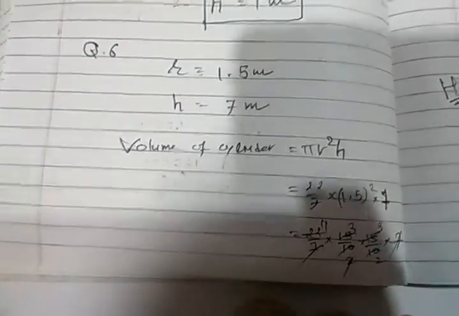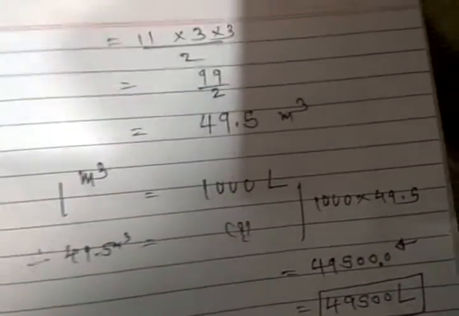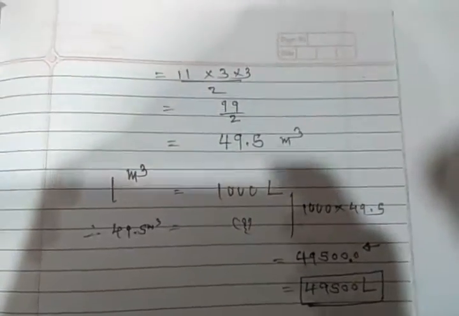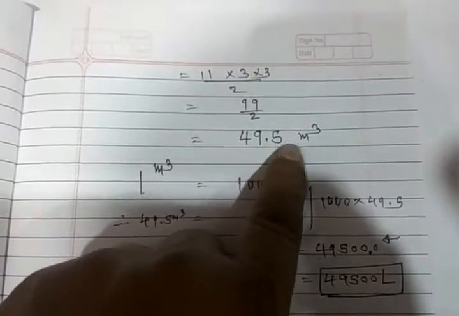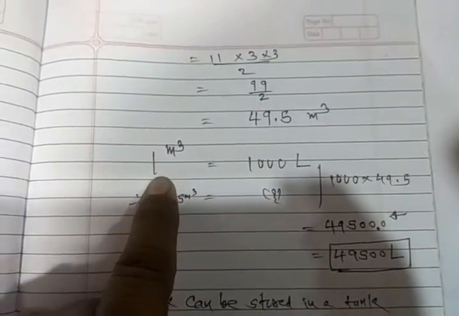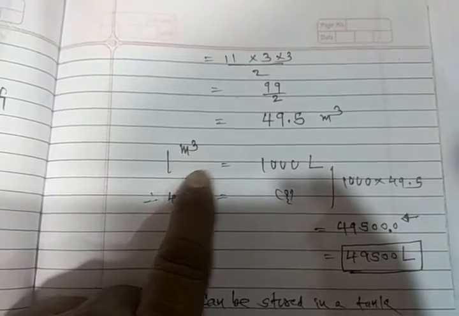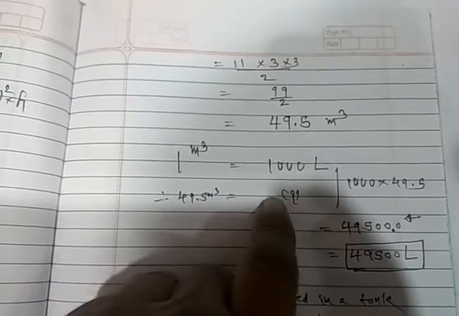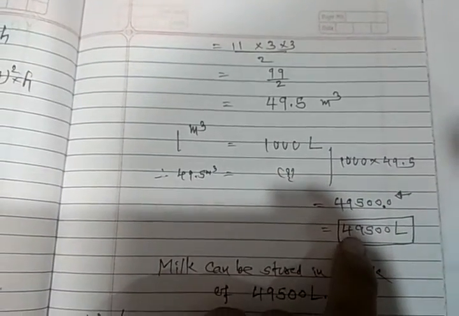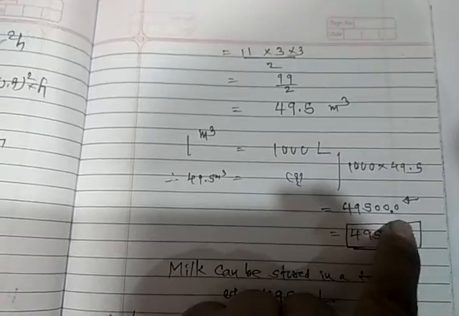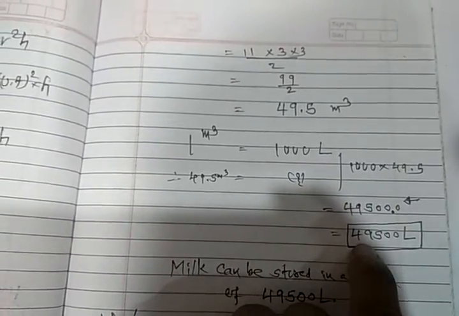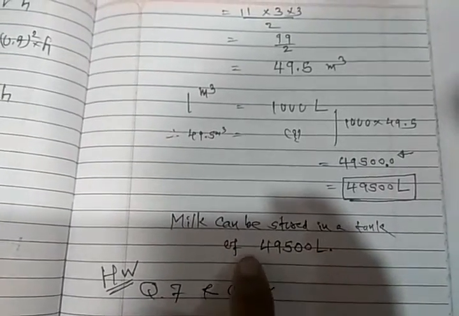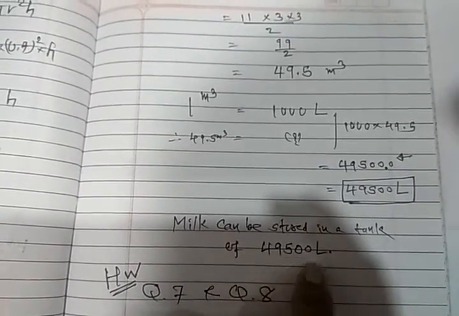When you simplify, you will get 49.5 meter cube. Now we have to convert into liters. 1 meter cube is equal to 1000 liter. Therefore 49.5 meter cube is equal to 49,500 liters. So milk that can be stored in the tank is 49,500 liters.